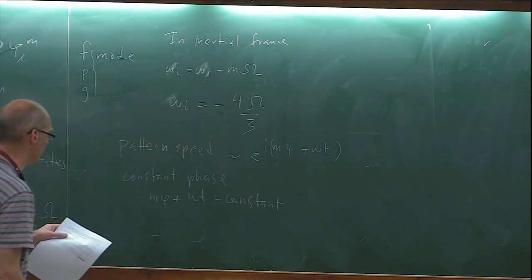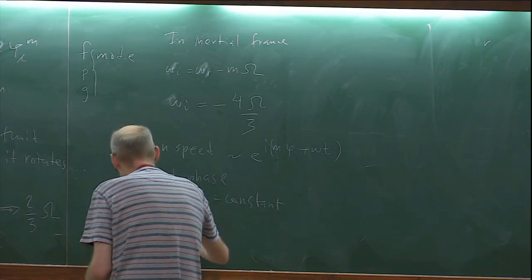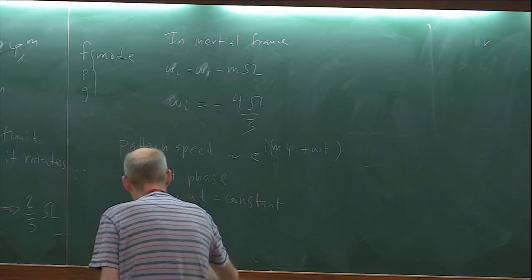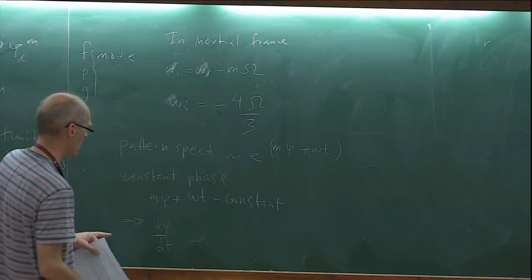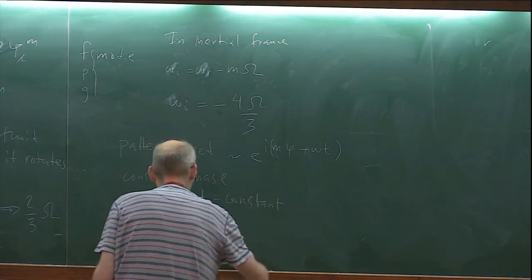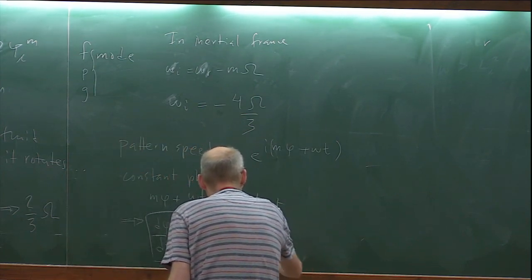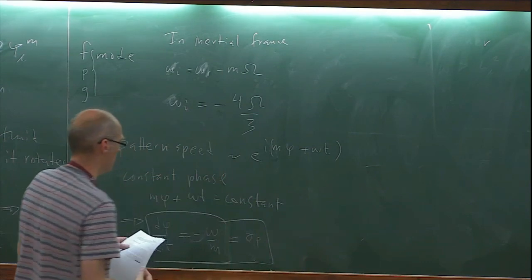But I can take a derivative of that to say that d phi by dt becomes minus omega over m. And then I can give it a name, sigma p. Okay?